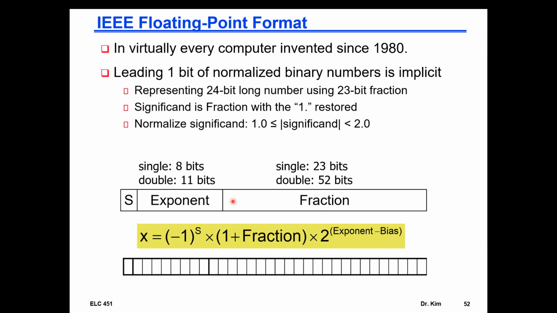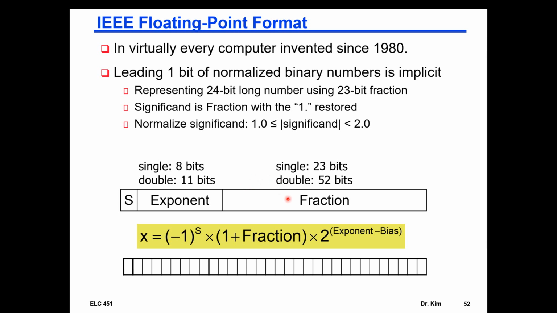So if this is the data path word, we always have 1 bit here for the sign. If we have single precision, the exponent is limited to 8 bits. And if we have double precision, then the exponent is 11 bits. For the fractional part, if we have single precision, then the fraction is represented with 23 bits, and for double precision, the fraction is represented with 52 bits.